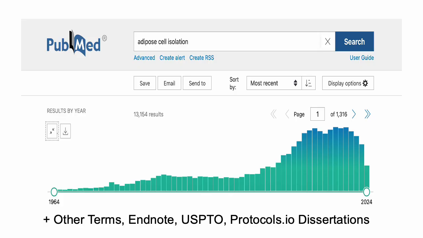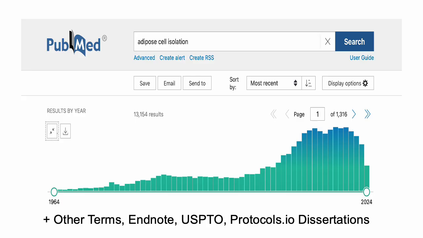Over the numerous decades since the original publication by Martin Rodbell of collagenase digestion of fat for the isolation of cells, there have been over 13,000 publications that utilize the term adipose cell and isolation.